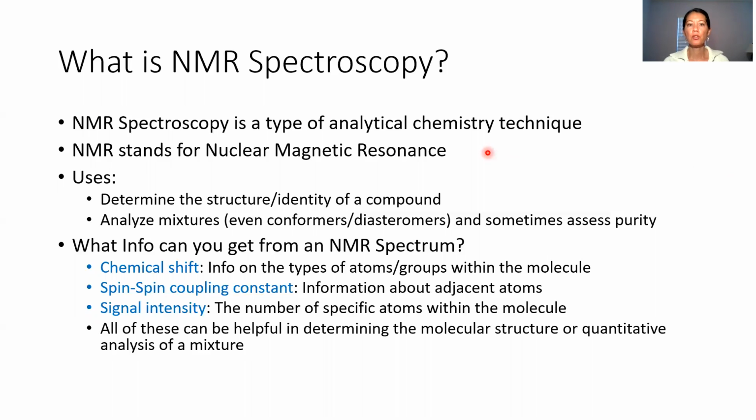NMR stands for nuclear magnetic resonance, and I've already mentioned its uses. One thing that's really interesting is you can also analyze mixtures. I've been in a situation where I had a mixture of alkenes and I needed to tell the difference. You could quantify those. Also, I was working with 10-membered ring systems in graduate school, and there were different conformers.